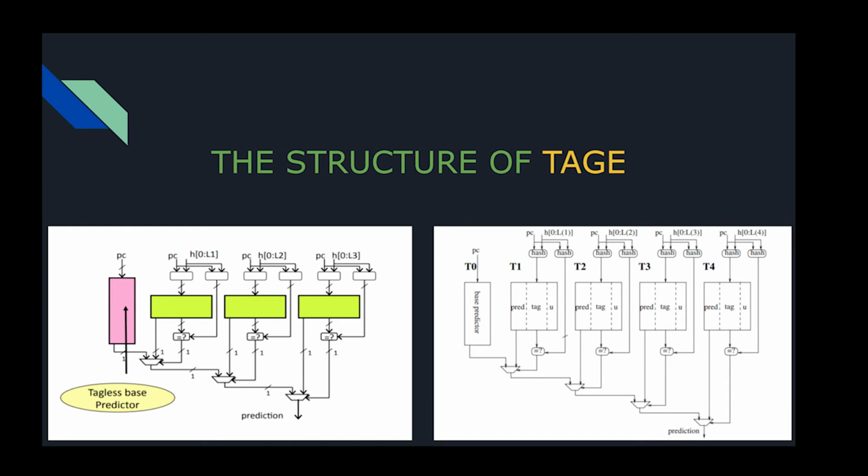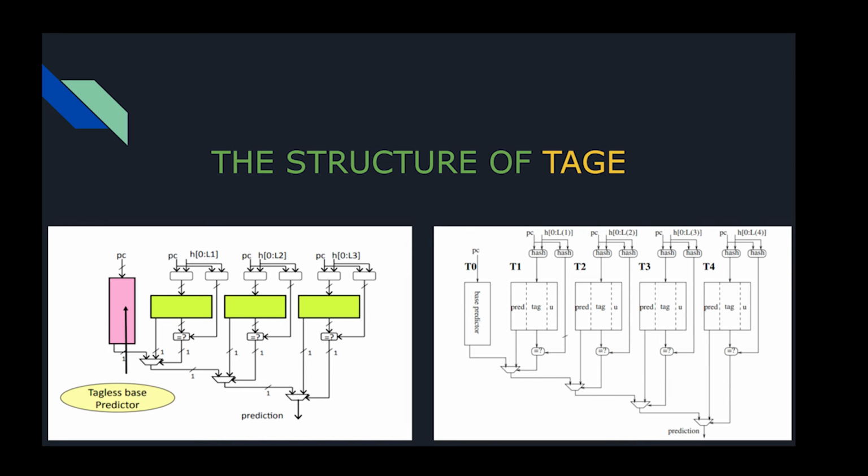So here is the structure of TAGE. So we can see various components. T0 is the base bimodal predictor and T1 to T4 are other TAGE components. We can index into each of the tables using IP and global path history, and each table makes use of GHR of different lengths which form a geometric series.